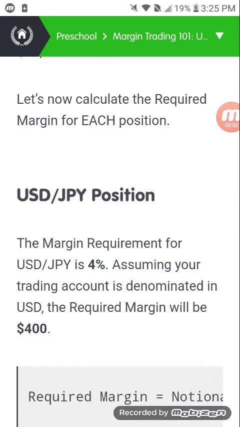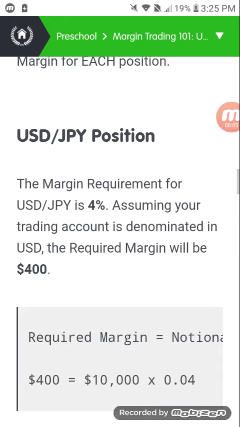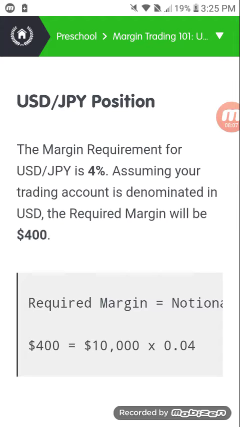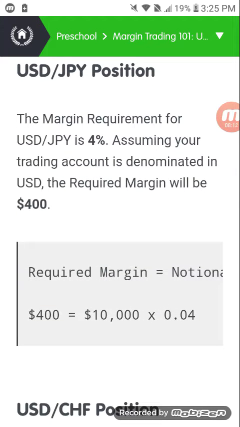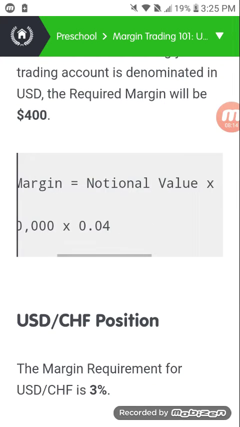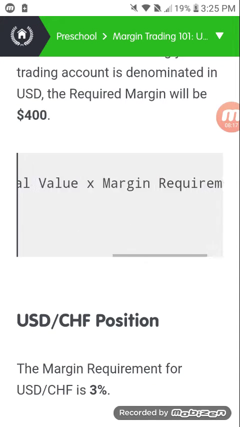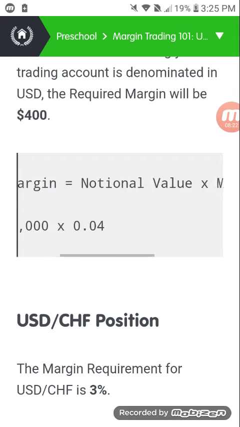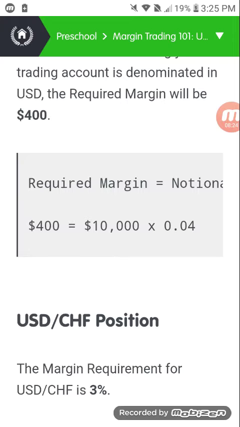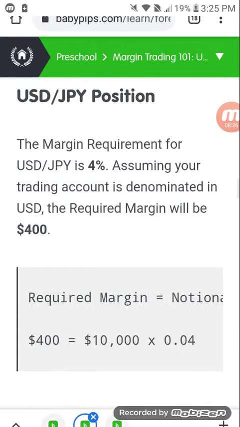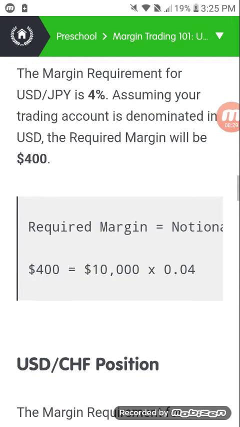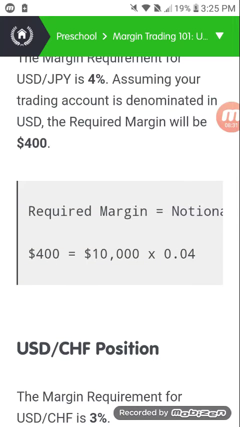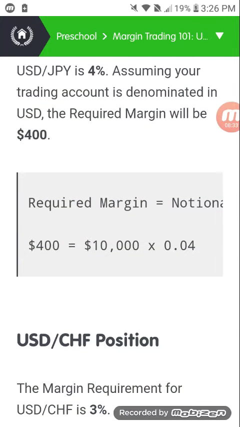For the USDJPY position, the margin requirement is 4%. Assuming that your trading account is denominated in USD, the required margin would be 400. You multiply the notional value, 10,000, by the margin requirement of 4%, which is 0.04, and you get 400.